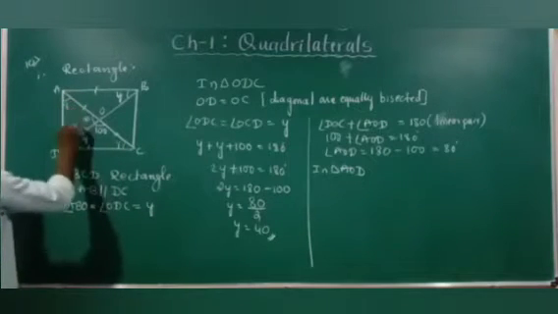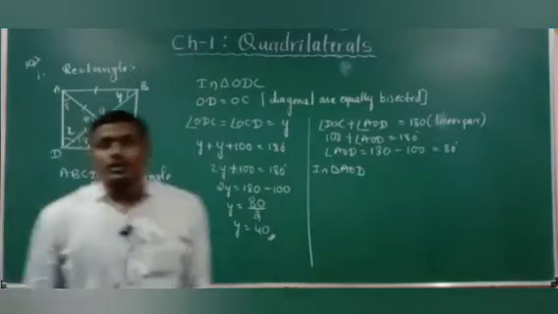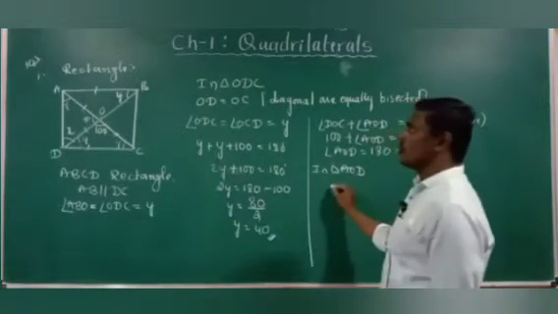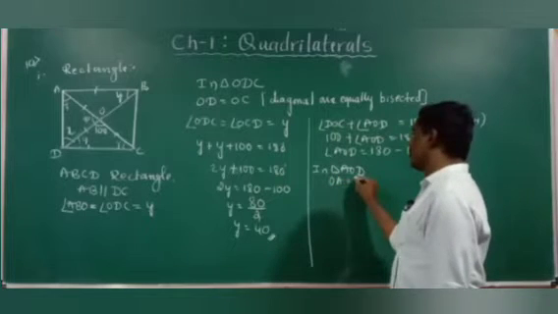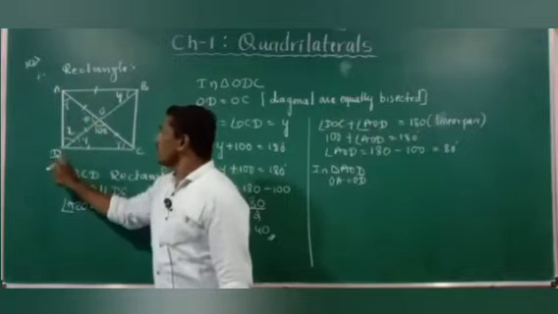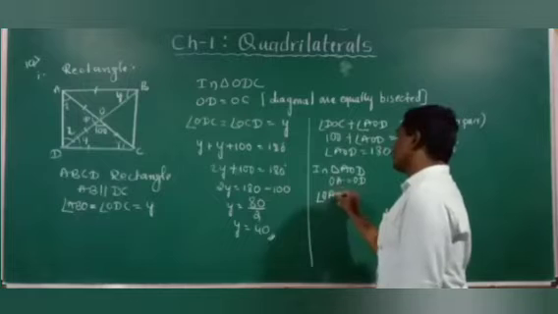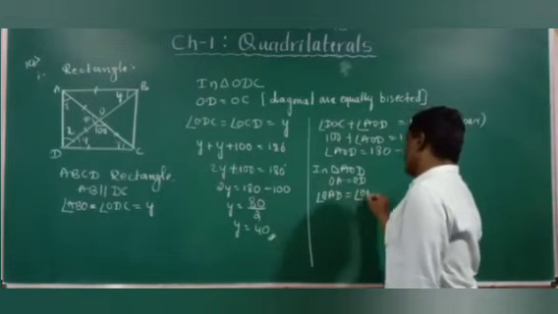So in triangle AOD, OA is equal to OD, angle OAD is equal to angle ODA.